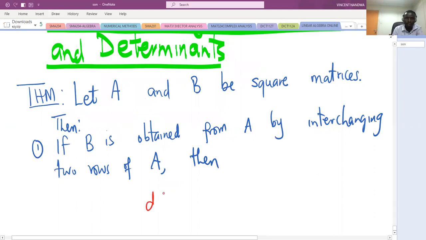The determinant of B is equal to negative determinant of A.